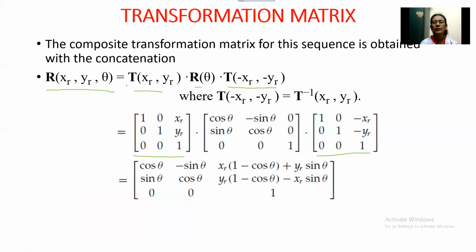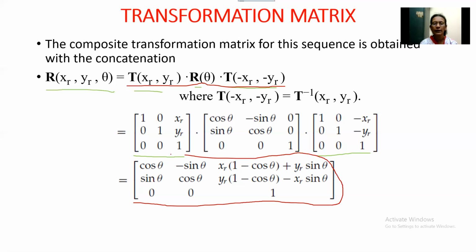I can either apply the transformations one after another, that is, translate by minus xr minus yr, then apply R theta, and then apply translation by xr yr. Or I can implement this matrix directly.